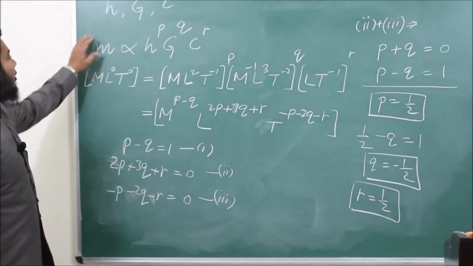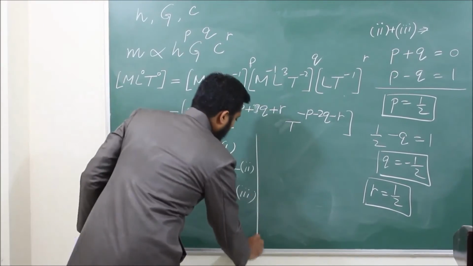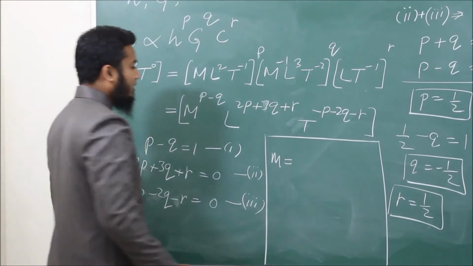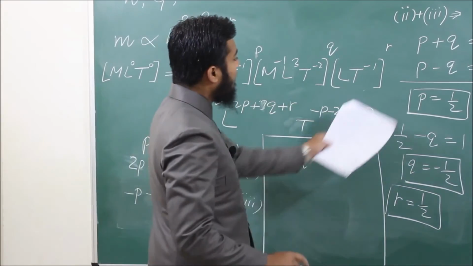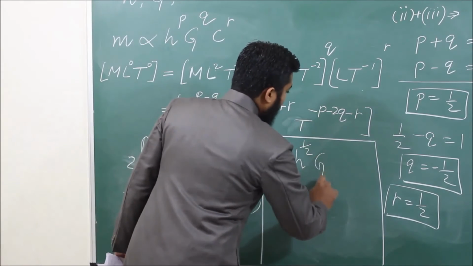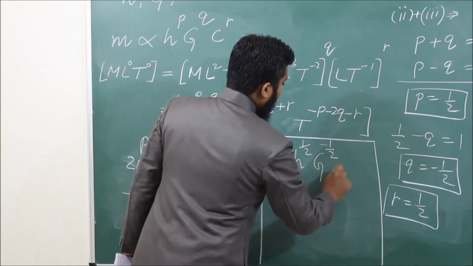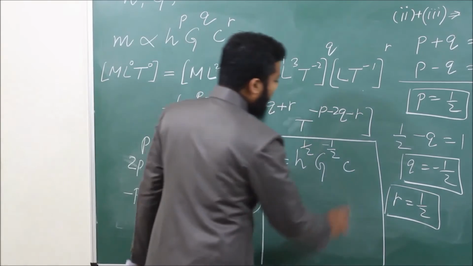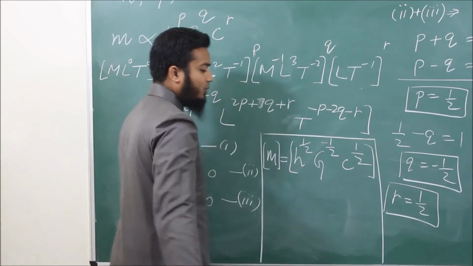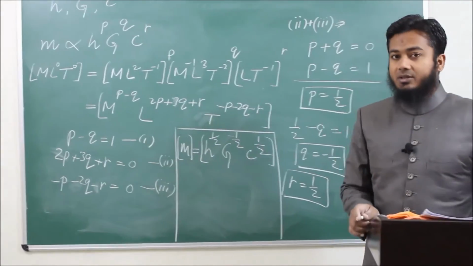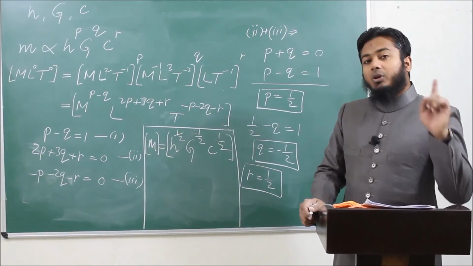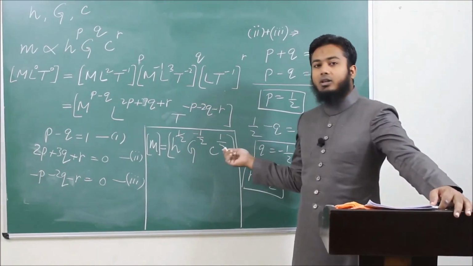Then the dimensional formula of mass in terms of these quantities will look like: M is equal to h raised to the power p, which has a value half, and G raised to the power q, which has a value minus half, and c raised to the power r, which has a value plus half. So this will be the dimensional formula of mass if I choose h, G and c as base quantities.